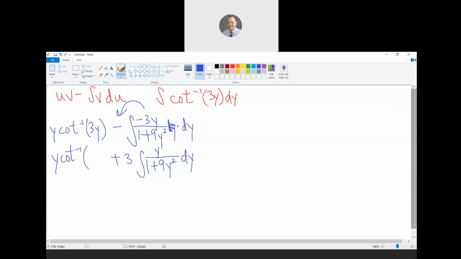Now, are there any questions before we integrate our fraction? No, sir. Okay. We can actually integrate our fraction using regular u substitution. So let u equal 1 plus 9y squared.